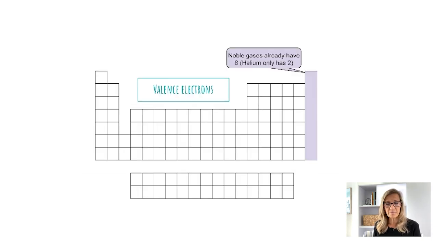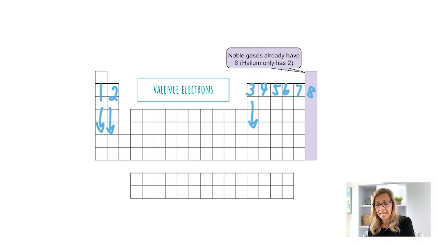Now, most important of all, you've got to be able to identify the number of valence electrons in any element. So let's just go over this one more time. These guys in this group all have 1, 2, and the whole group. Skip the transition metals. You won't need to know those. 3, 4, 5, 6, 7, and 8.